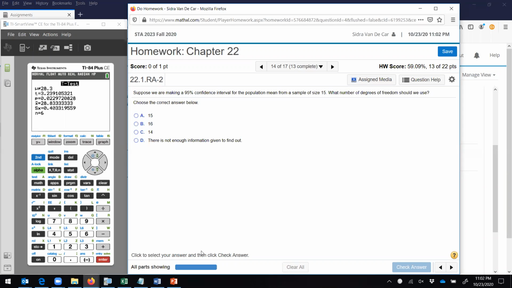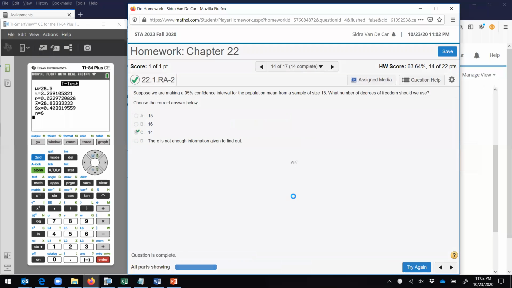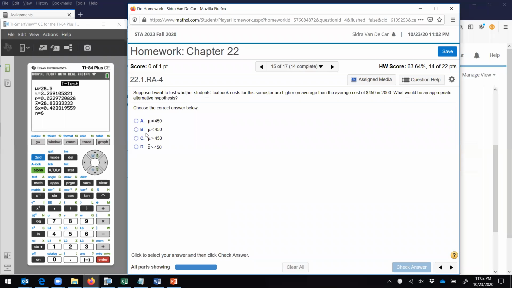Narrow is weird. Suppose we are making a 95% confidence interval for the population mean from a sample of size 15. What number of degrees of freedom should we use? One less, 14. Suppose I want to test whether students' textbook costs for the semester are higher on average than $450.